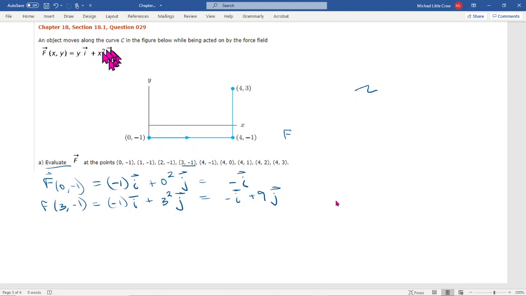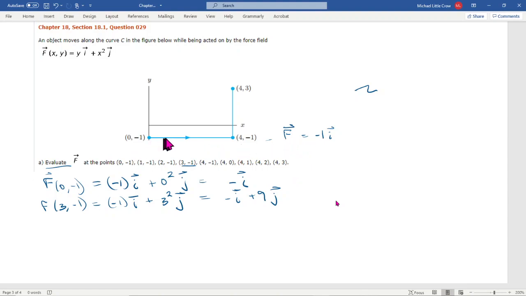This j direction is perpendicular to it, so it doesn't have any effect on the work that's being done. So moving in this x direction, the only force we need to consider is -1 I. Okay.